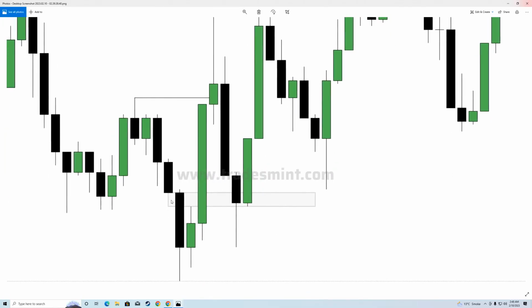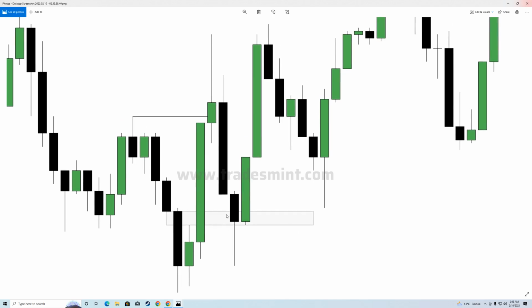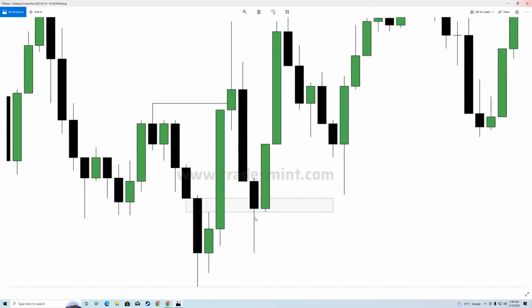But if you look at here, you have BPR. And the new fair value gap is overlapping with the old fair value gap. So in this case, what you can do is you can take your entry from the BPR or old fair value gap, okay?